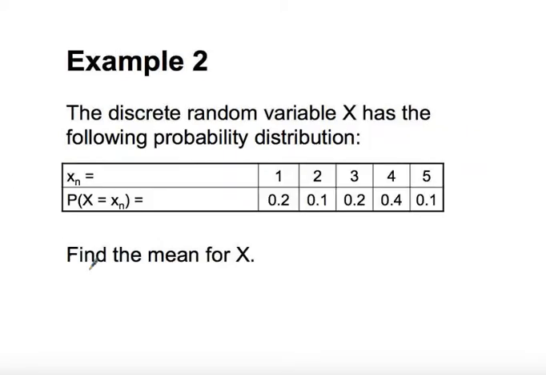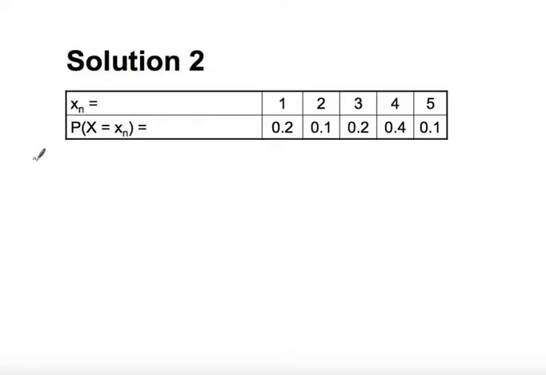So if we look at example 2, a discrete random variable x has the following probability distribution. So here's our probability distribution. I want to find the mean for x. So when I'm finding the mean for x, essentially I am finding the expectation, which is defined as adding up all of the x values times their probability.